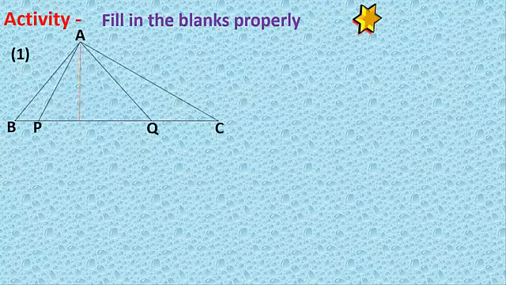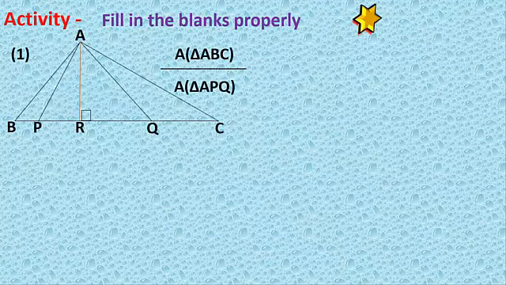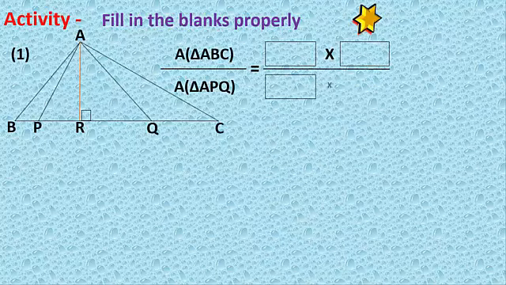From A, we draw here height AR. Then area of triangle ABC divided by area of triangle APQ is equal to, first bracket into second bracket divided by first bracket into second bracket.